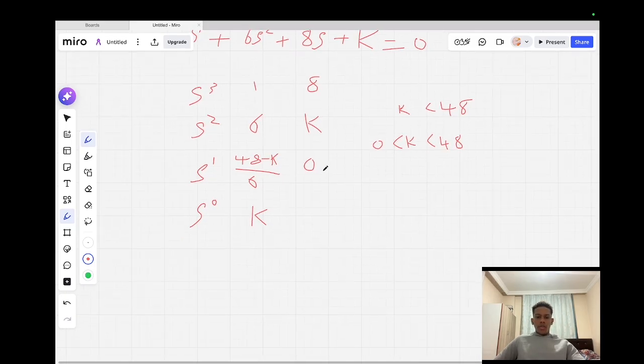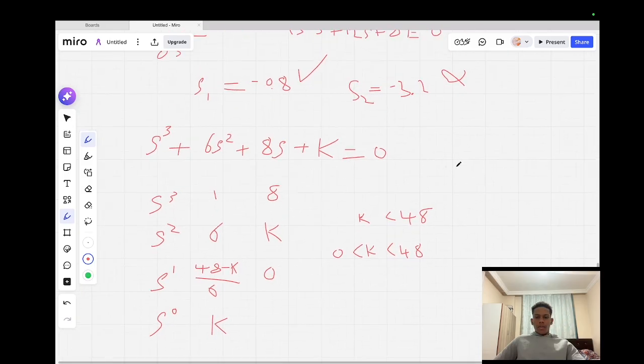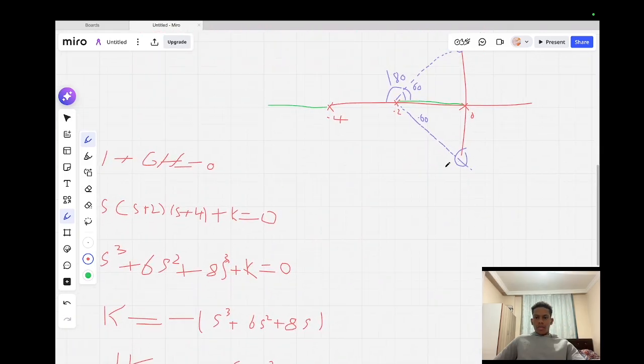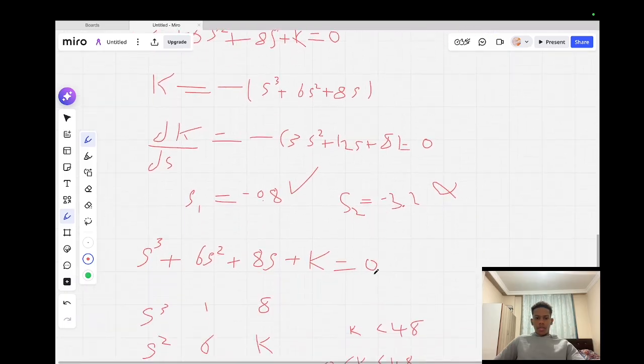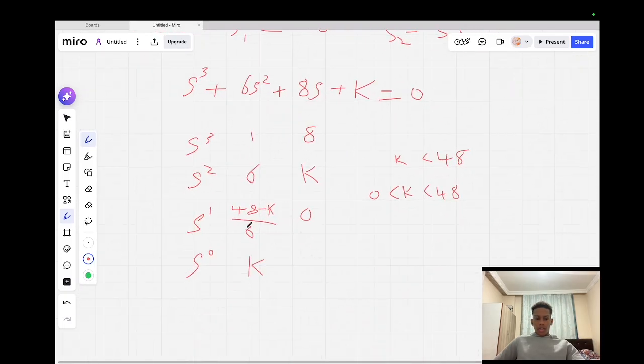And if we need the intersection point here, we need the critical point.